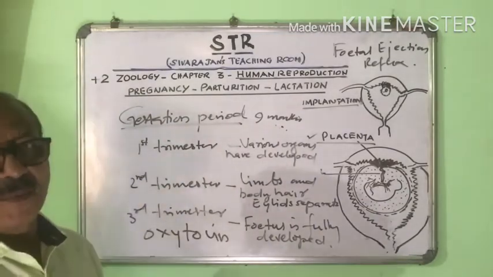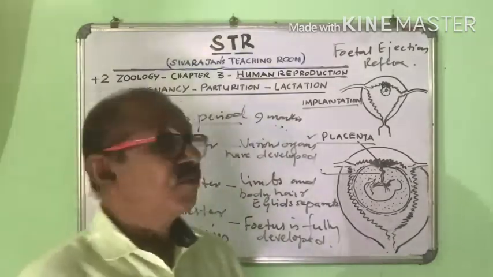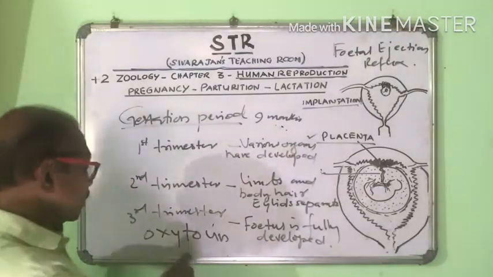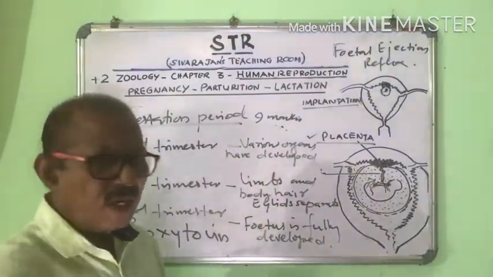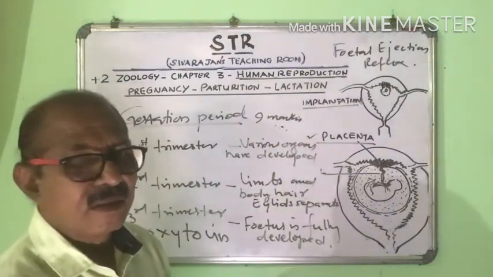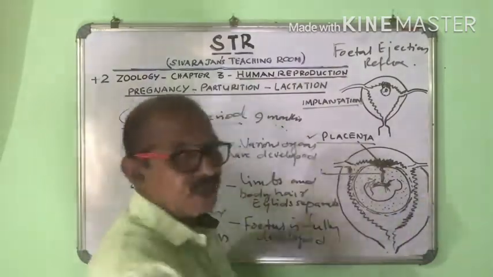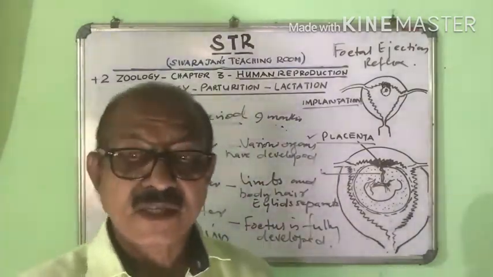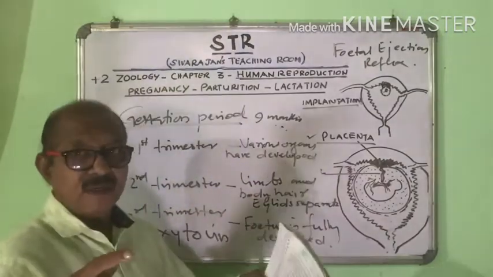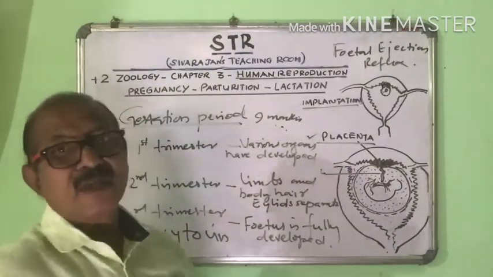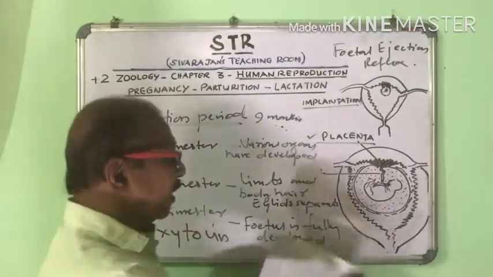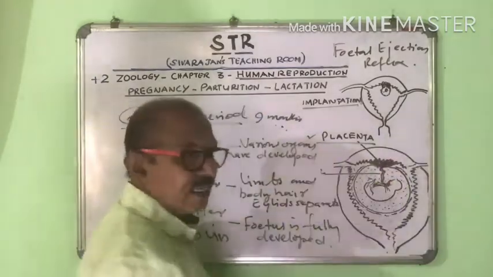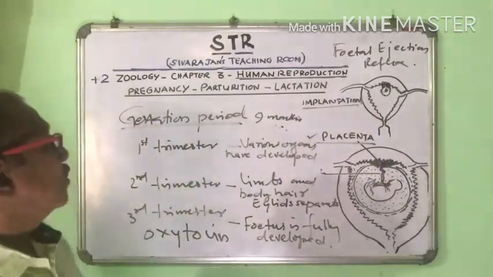This total phenomenon is called the fetal ejection reflex, and as a result oxytocin is released, which causes contraction of the smooth muscles of the uterus. The myometrium, the second layer of the uterus, is made up of smooth muscles. As a result, the baby is pushed out through the birth canal, that is through the cervix and the vagina, and this process is called parturition.